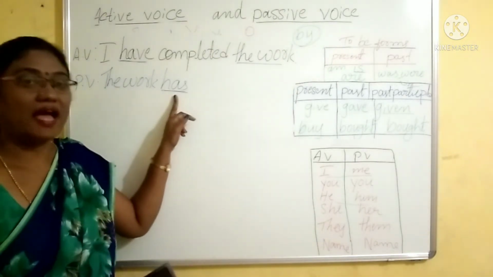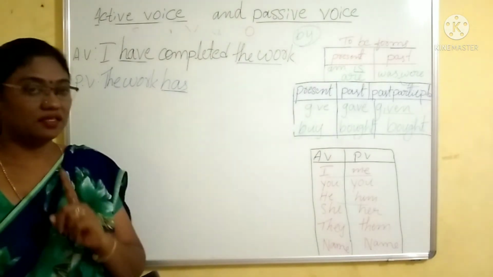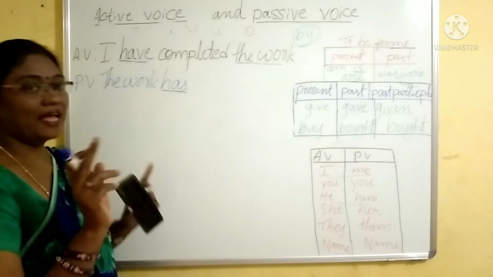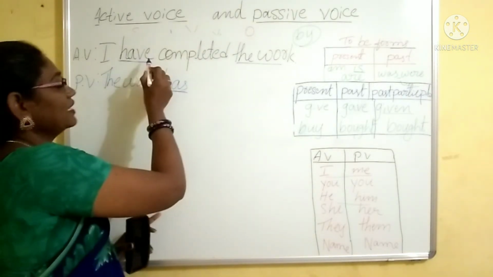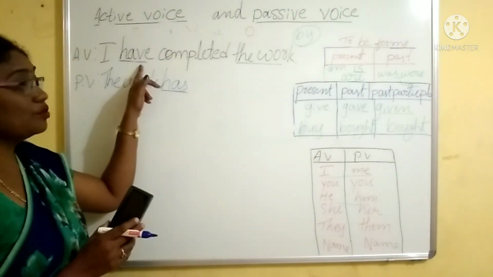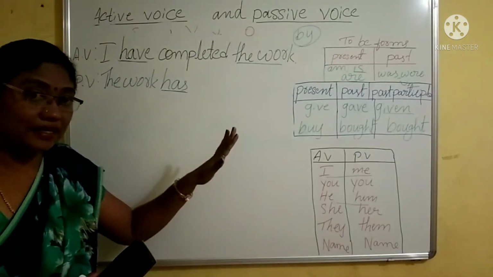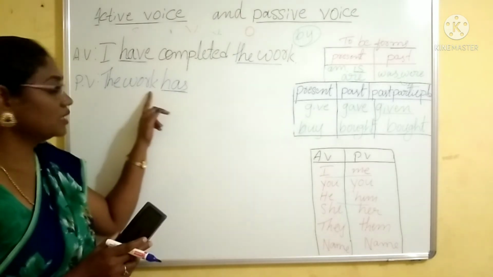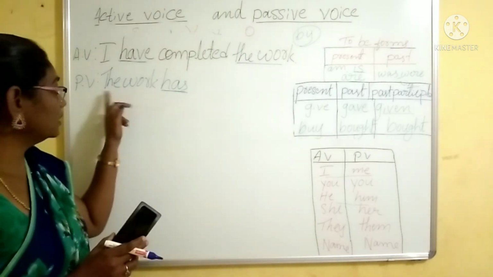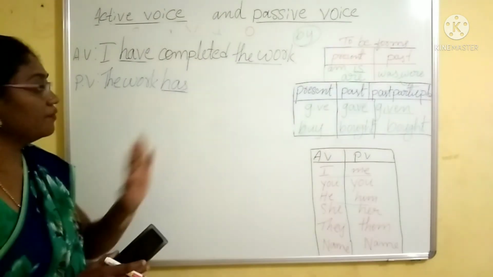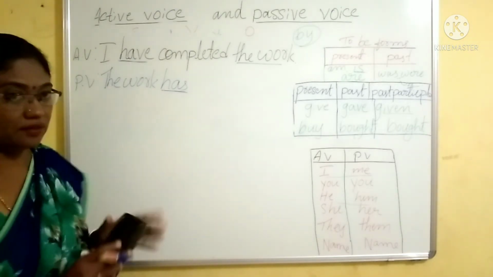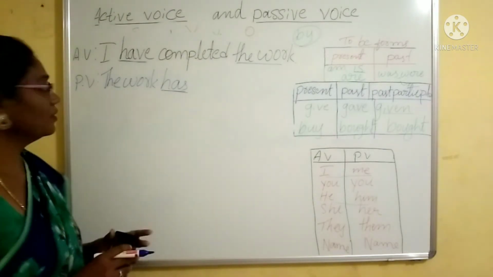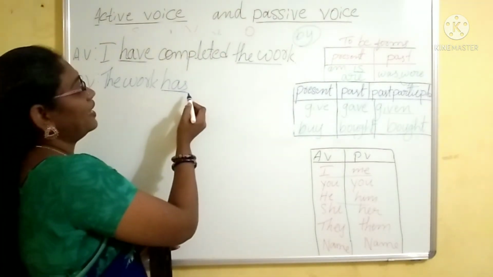So we will use has with singular subjects. So as per the rule, I use has, though there is have. The have is used with the I subject, that is right. But when we use this helping verb with this subject, we have to change it as per the subject. Now the work is singular, I used has. The work has.